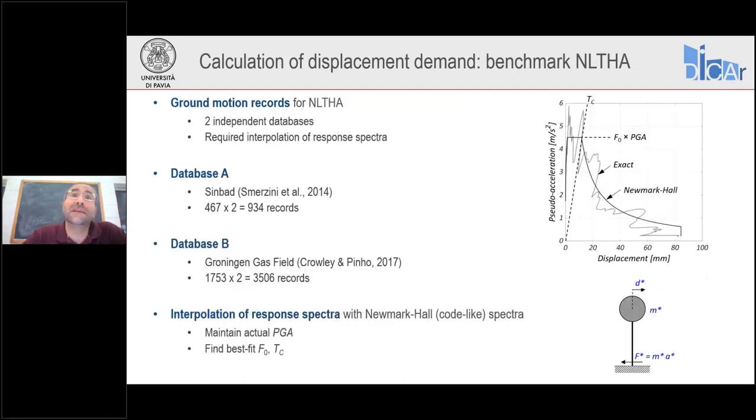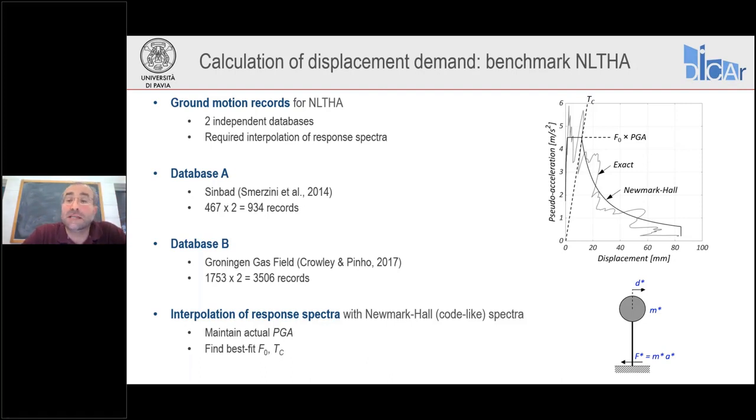Then we had to perform our nonlinear dynamic analysis, and to do this we considered 2 different databases. The response spectra for the time histories used for the analysis were interpolated by code-like spectra in order to apply the methods, the N2 method and the modified N2 method.